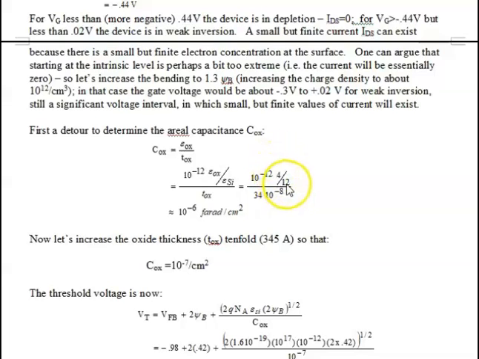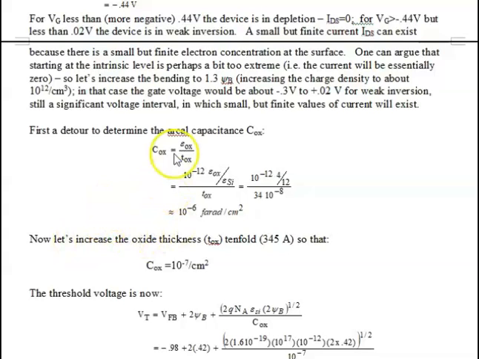So that's why we have 4 divided by 12. And that's how we get the 10 to the minus 6 farads per square centimeter for the areal capacitance in either accumulation or in strong inversion.